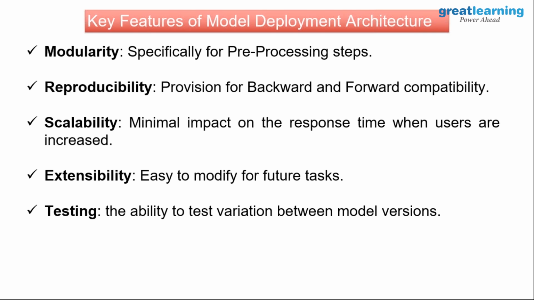So if you really look at this in a complete way, then modularity, reproducibility, scalability, extensibility, and testing, if all of you are from the software deployment background, you'll appreciate that most of these key features which I've just spoken about are the key requirements of any software which you deploy.